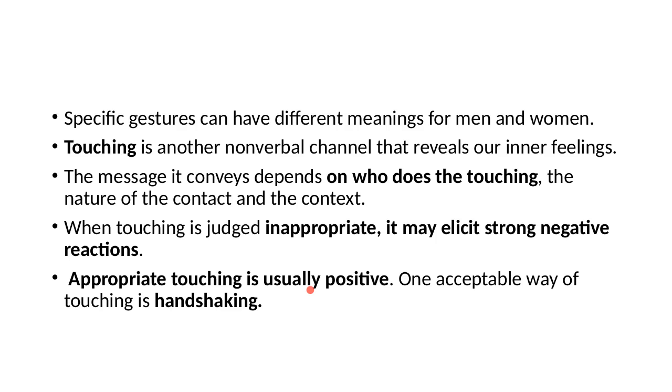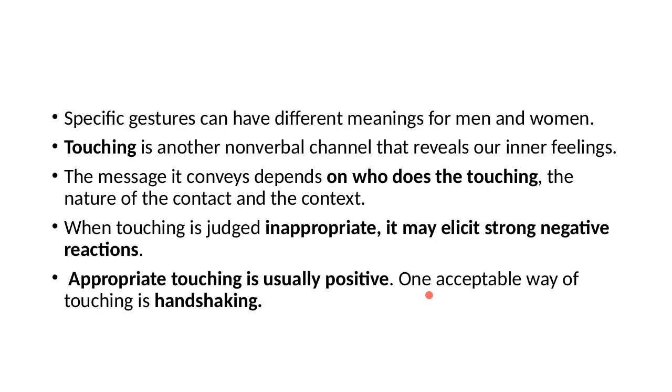Touching, for example, is another nonverbal channel that reveals our inner feelings. And the message it conveys depends on who does the touching, the nature of the contact, and the context. So touching can portray either a negative message or a positive message, depending on the context.